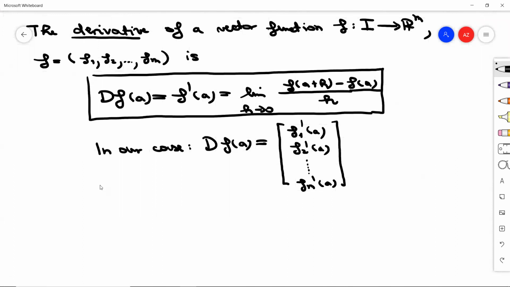And what's the meaning of the derivative? I'll draw a picture with m equal to 2. This is a part of the curve around f of a.